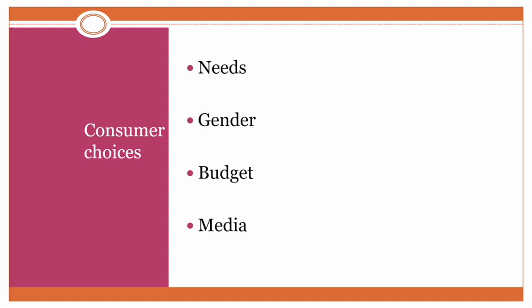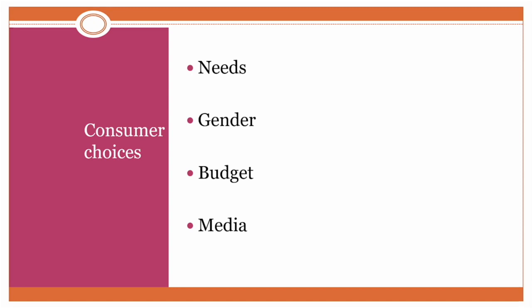Consumer choices. Moreover, there are factors which affect your choices when you buy goods and services. Let's have a look at these factors. First one is needs, that is the individual or family requirements. A consumer should know how to prioritize his or her needs before his or her wants.